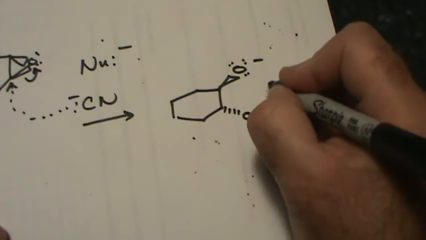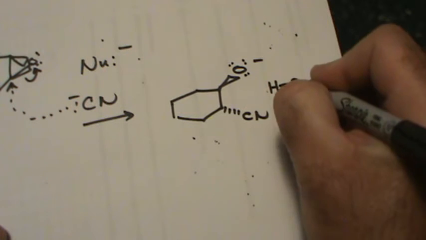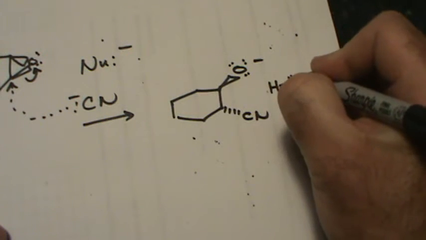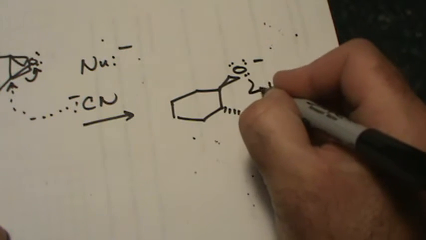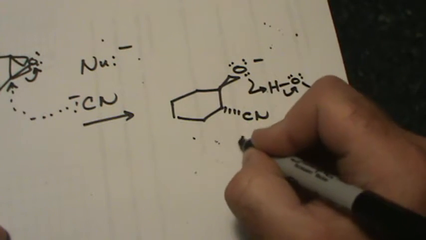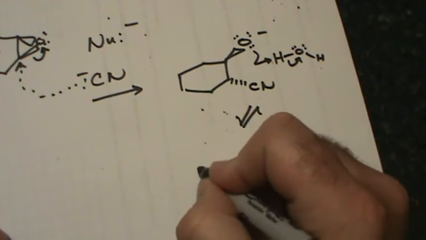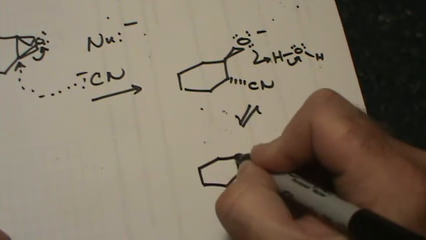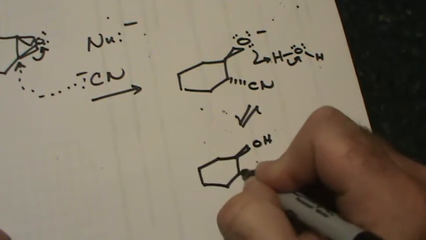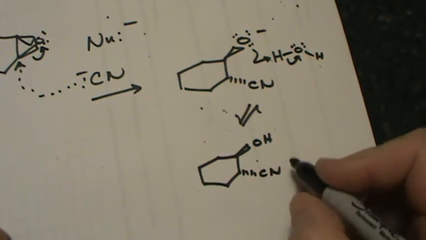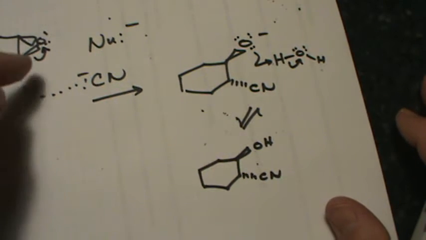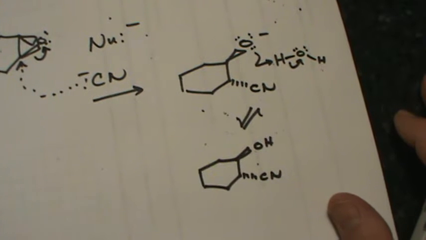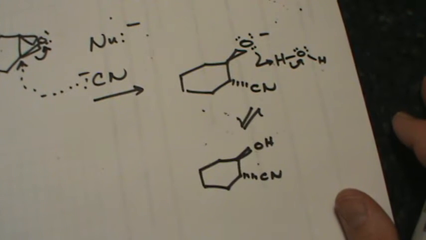And here, if we have aqueous conditions, we would expect, as before, the alkoxide will grab a proton from water in order to produce the corresponding product, in which our nucleophile and the OH group, the oxygen coming from the starting oxirane, are once again anti with respect to one another.